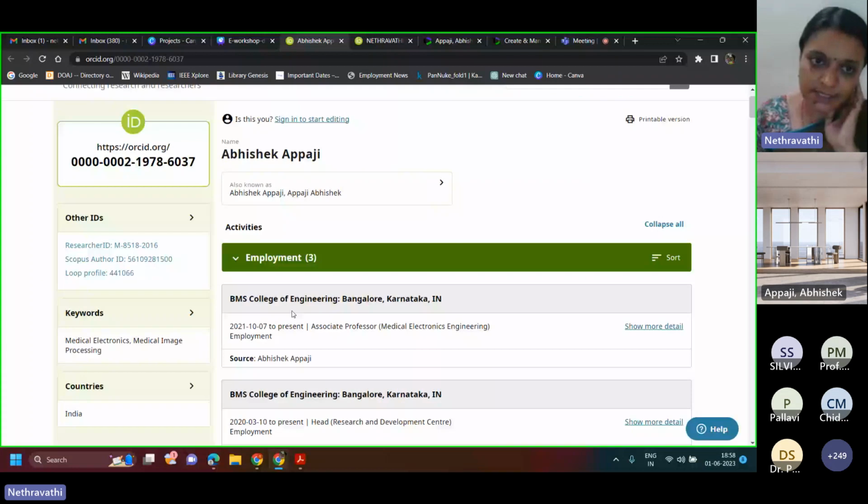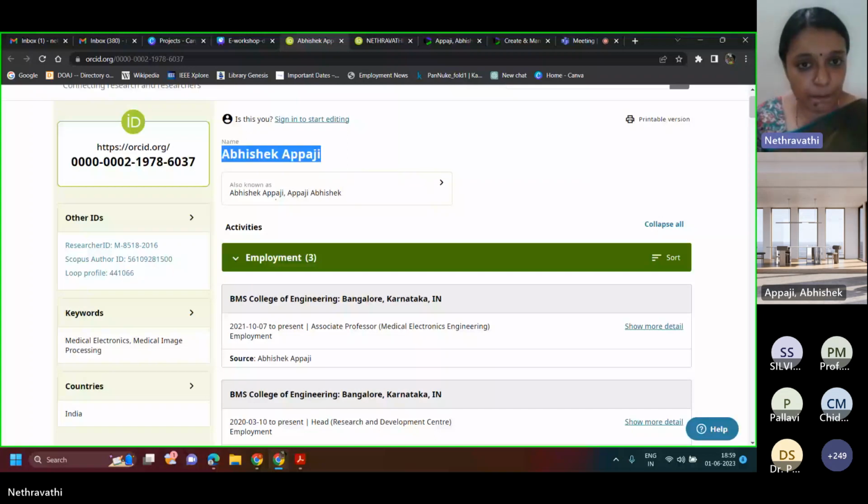Here you can see the ORCID ID is a 16-digit number, and the owner of this ORCID ID is Abhishek Appaji. He's also known as Appaji Abhishek. So there is a naming ambiguity, right?